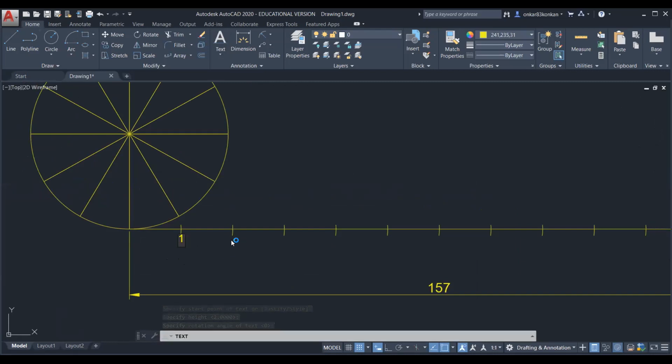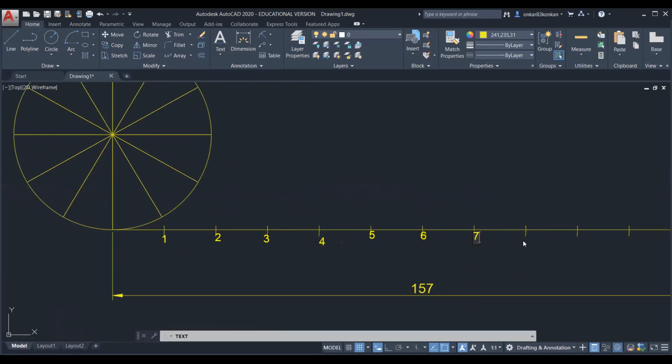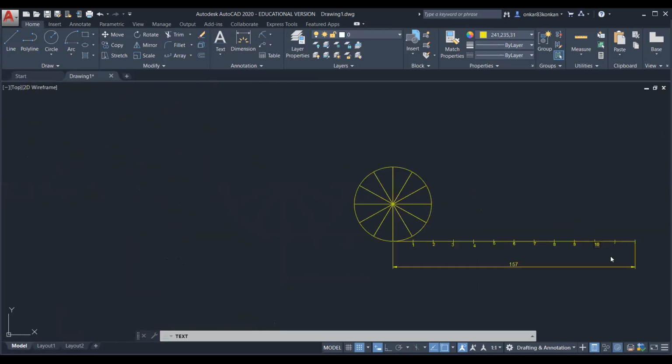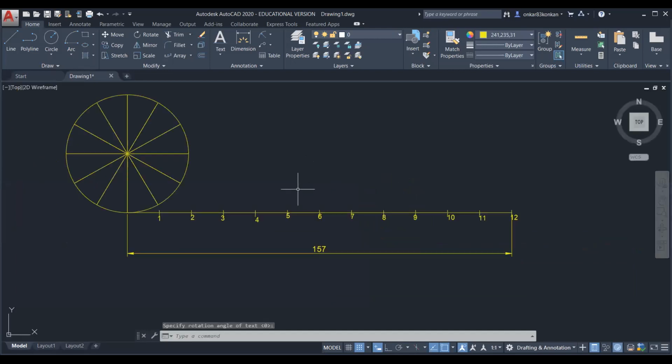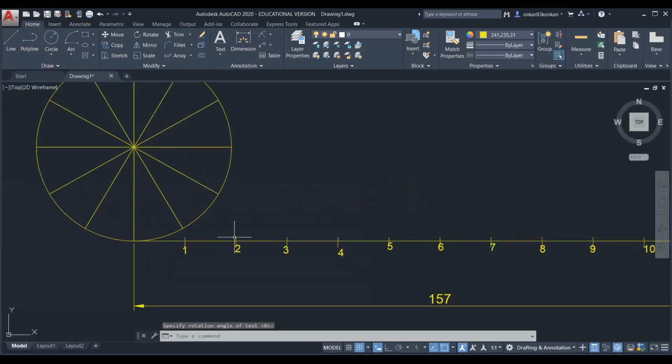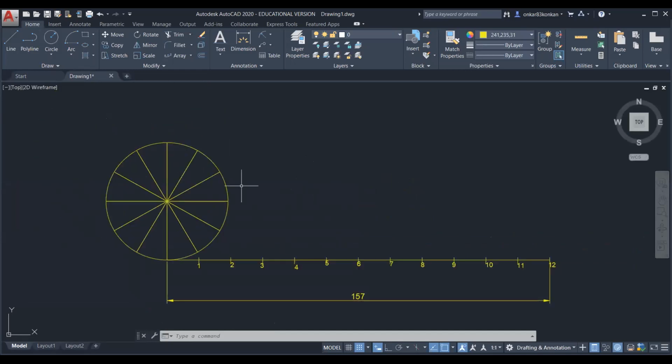So this is point 1. Similarly, give names to each segment on this circle.